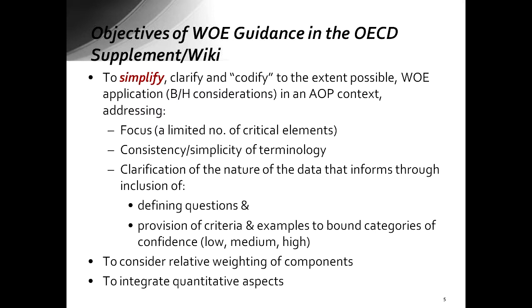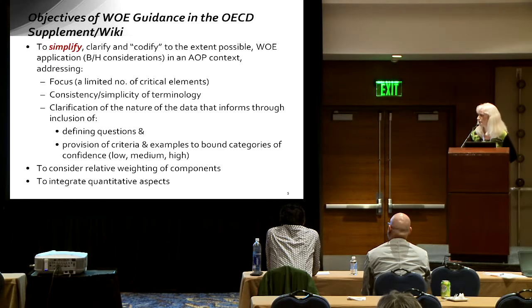So the objectives of the weight of evidence guidance in the OECD supplement and wiki were really to simplify, clarify, and codify to the extent possible weight of evidence applications in an AOP context, addressing focus, in other words, to address a limited number of critical elements, to ensure the consistency and simplicity of terminology, to clarify the nature of the data that informs through inclusion of defining questions and provision of examples and criteria to bound categories of confidence of low, medium, and high.